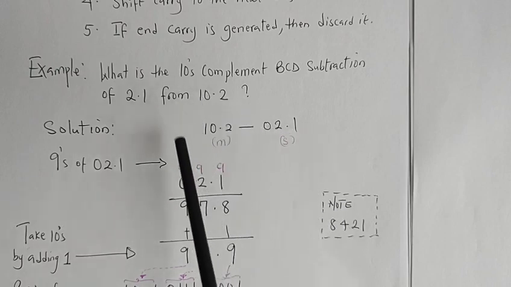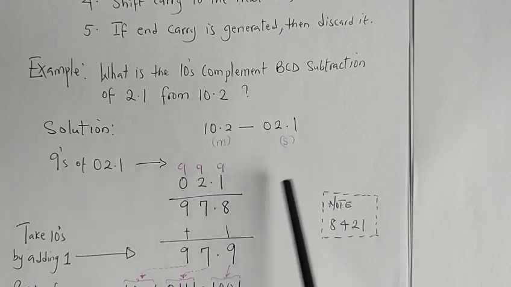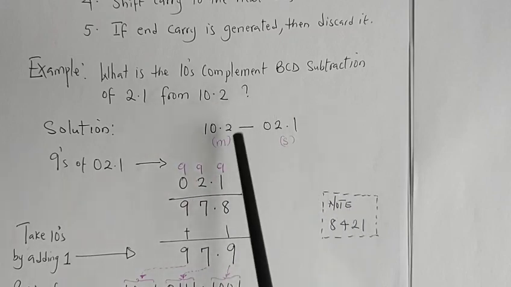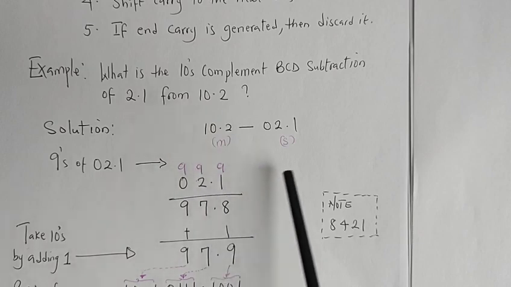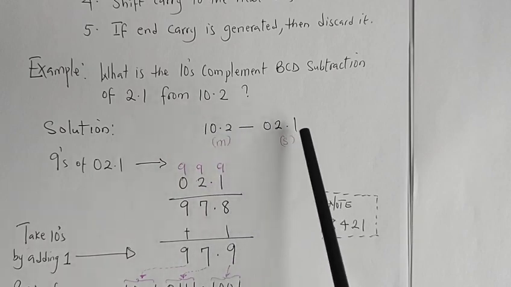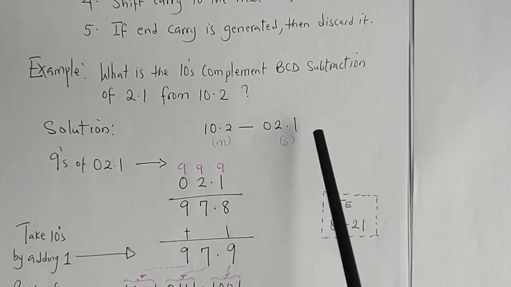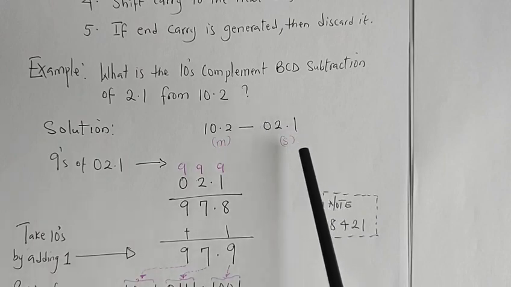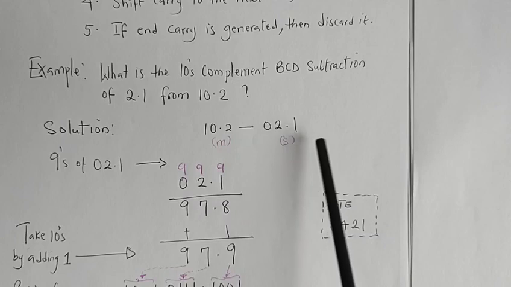If we must carry out the addition operation successfully, we need to represent the value such that both the minuend and the subtrahend have the same length. The same size means they should have the same length.